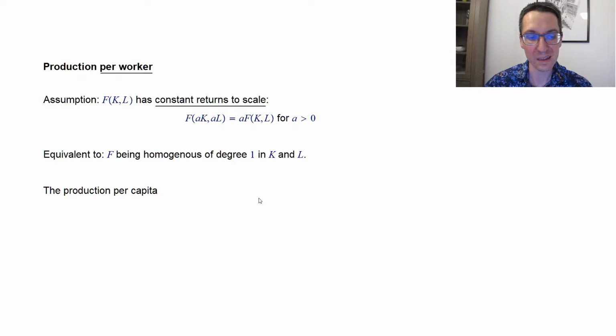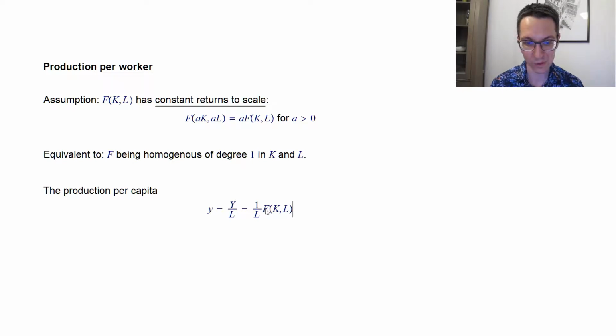So then what becomes production per capita? Let's just write it down. So we have small y that is equal to big Y divided by L. And then I just have to substitute F. So it's equal to F of K, L divided by L. But then let me write it this way.